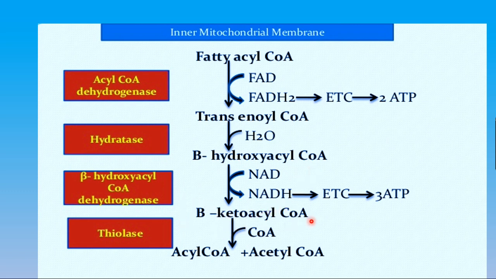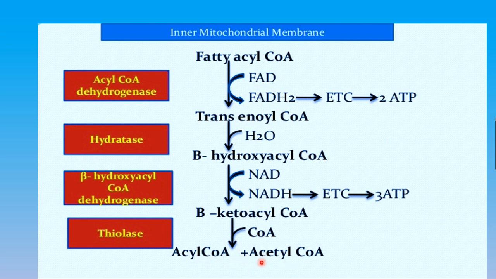Now, this beta ketoacyl CoA undergoes cleavage in the presence of an enzyme called thiolase. And this is the final reaction in beta oxidation and liberates a 2-carbon fragment, that is acetyl CoA, from acyl CoA.